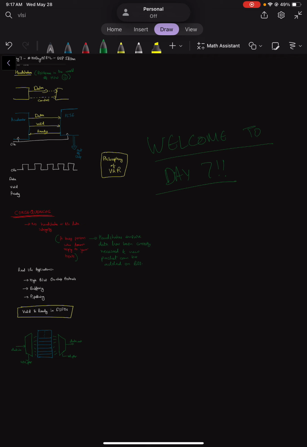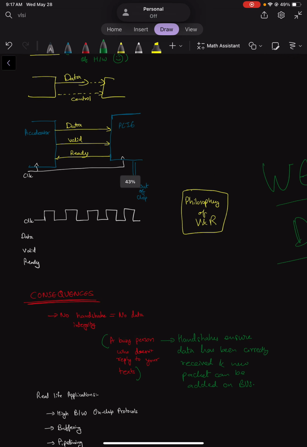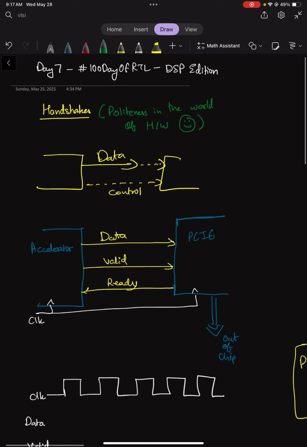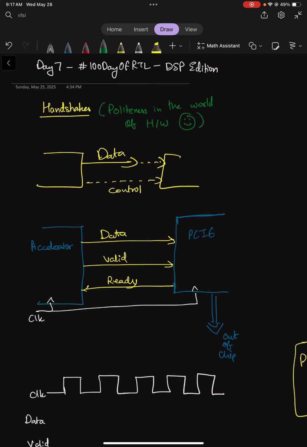And today I have found something very exciting to me, which is basically handshakes. Handshakes are a way in which politeness is ensured in the world of hardware, and you will see why that is so. You could think of handshakes as a way in which one hardware agent communicates data with another hardware agent, or communicates control signals with another hardware agent.